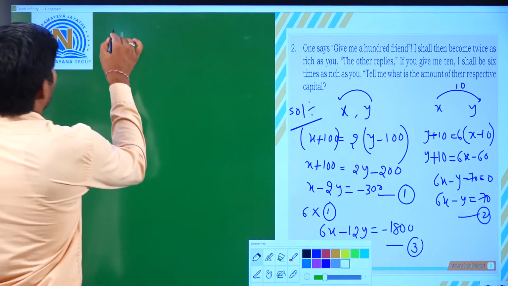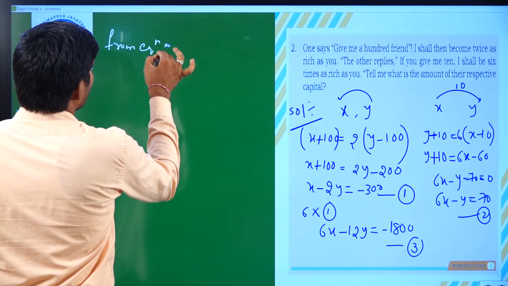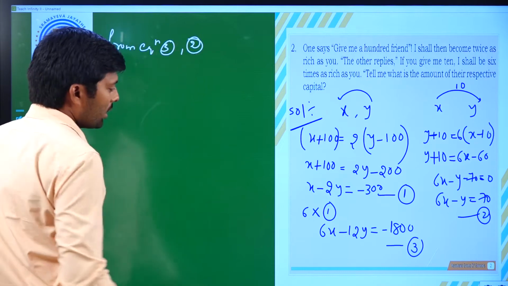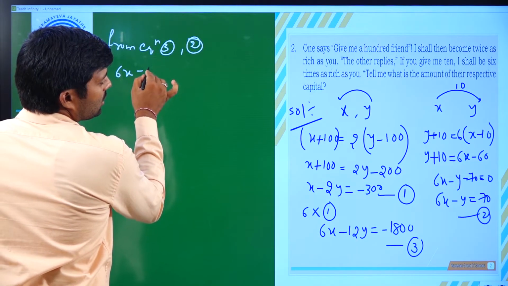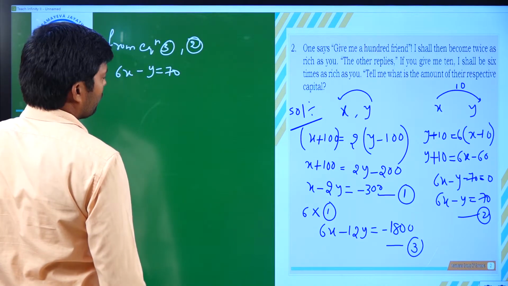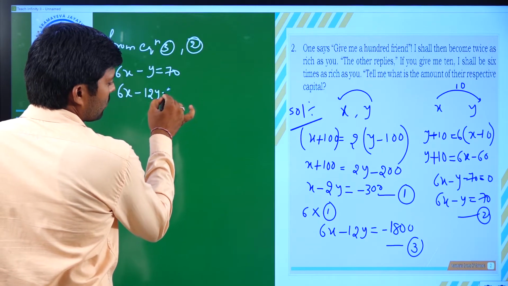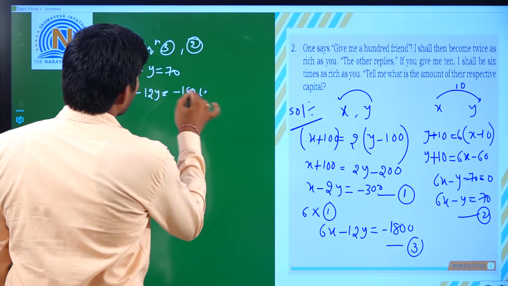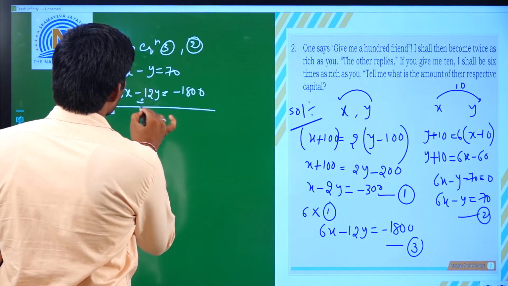Subtract these two equations: 6X minus Y is equal to 70, and 6X minus 12Y is equal to minus 1800. When we subtract, the signs become plus and plus.